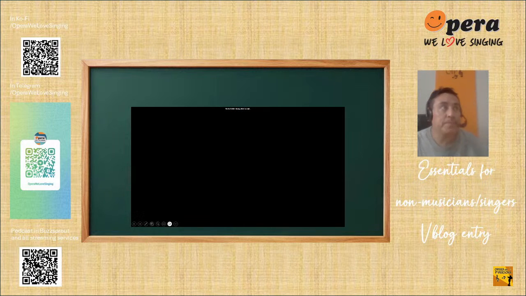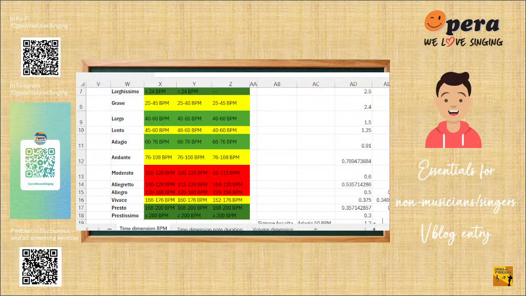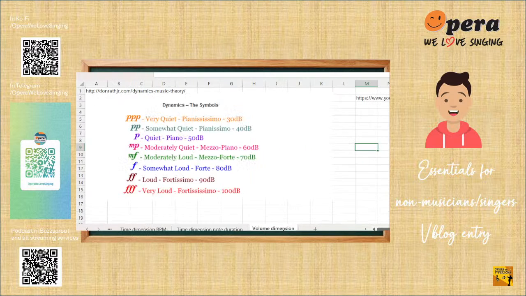So let's move on to the one you are familiar with by now, our Excel file where we have been building this content. I renamed each of the sheets so that they match what we've been talking about, and we are moving to the volume dimension. You can see here the source of this information.